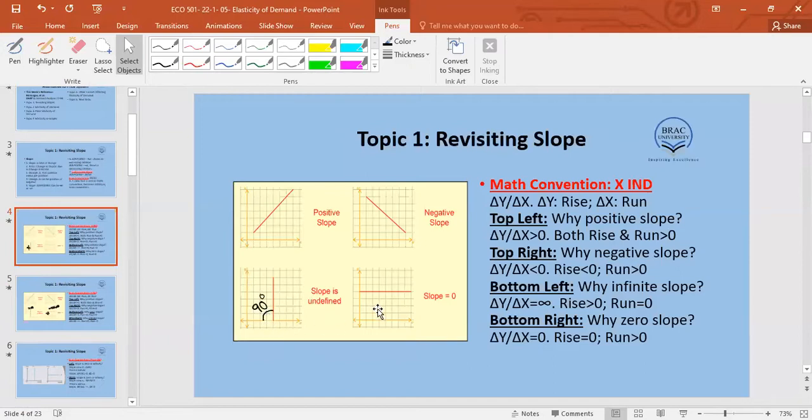And why is this one 0? Because it is creating a 0 degree with the reference axis. Isn't it parallel to the x axis? Is this parallel to the x axis? Yes, sir. So if it is parallel to the x axis and the x axis is our reference axis, then it's 0 degree. If it is 90 degree to the reference axis, where reference axis is x, it becomes infinity.